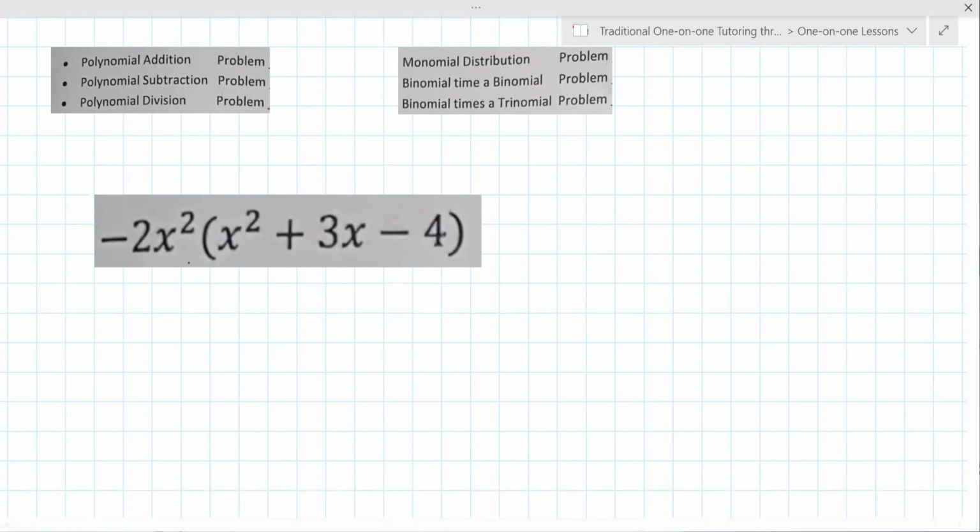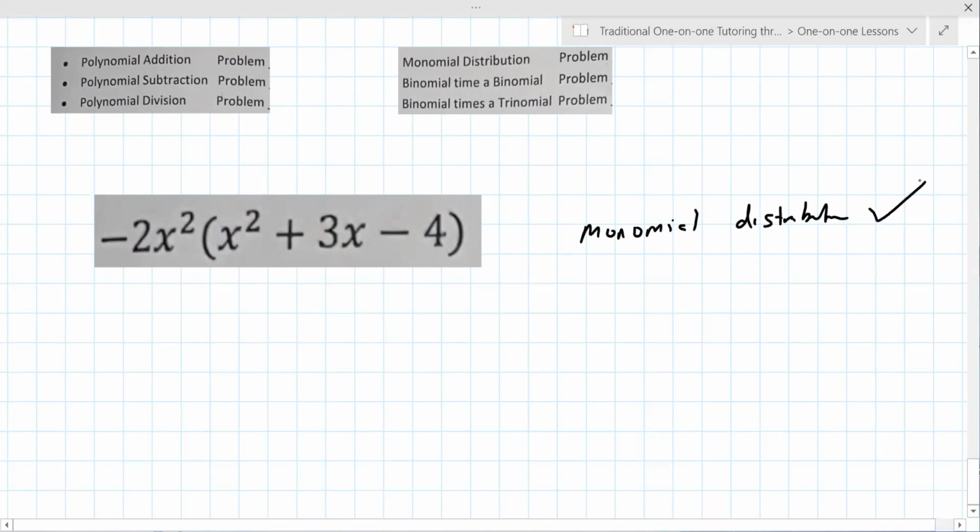Multiplication. It is multiplication. So it could be one of these times, but the first one isn't a binomial, so that leaves you only with monomial distribution. Great. Okay, so give this one a try, please.